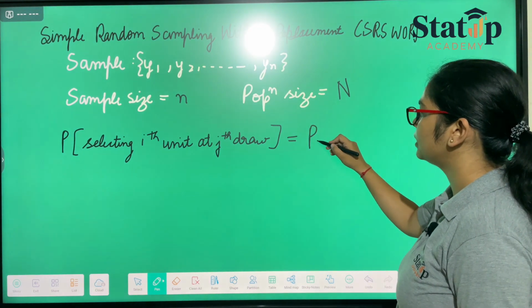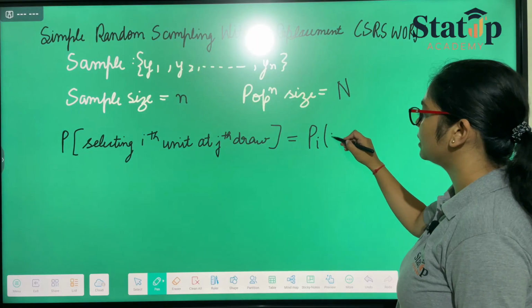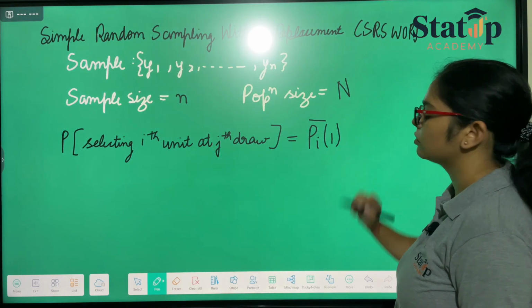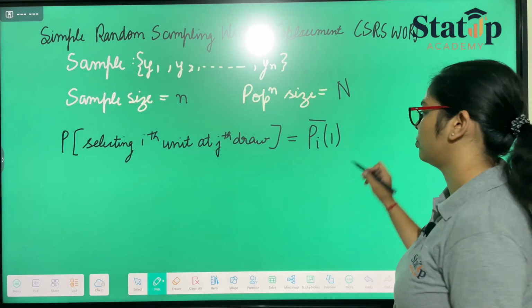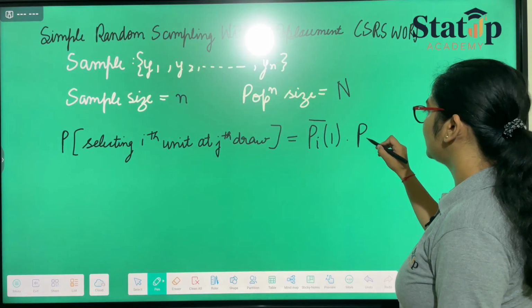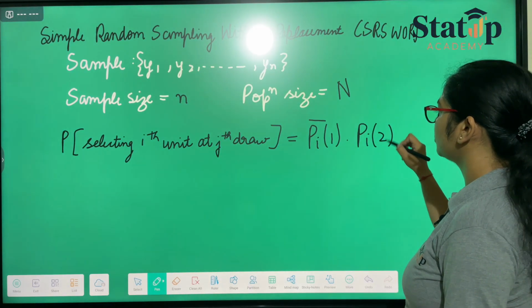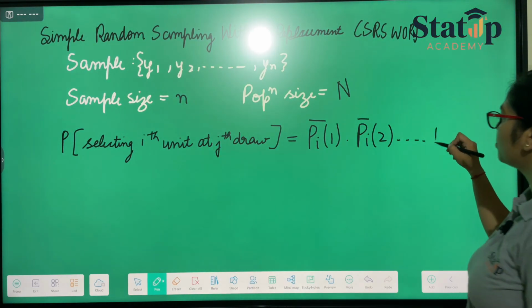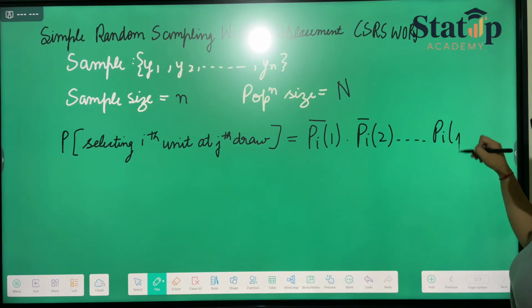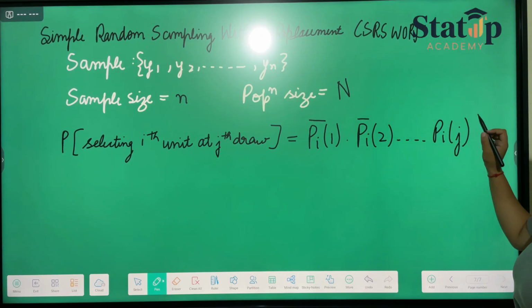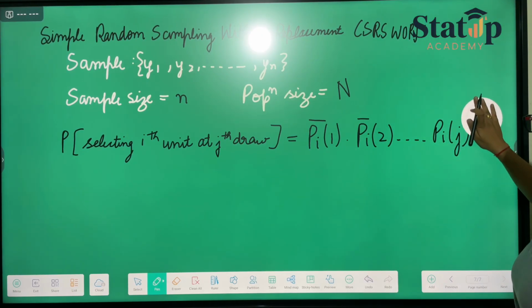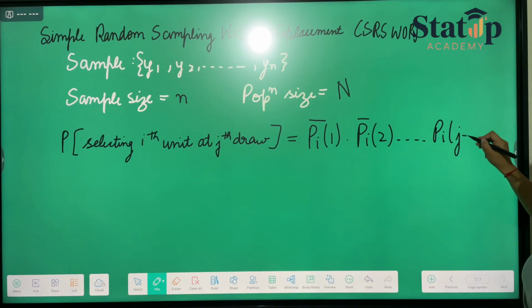So the probability that the ith unit is not selected at first draw, into the probability that it is not selected at second draw, up till the probability that the ith unit is selected at jth draw, or we can say is not selected at the j minus 1th draw.